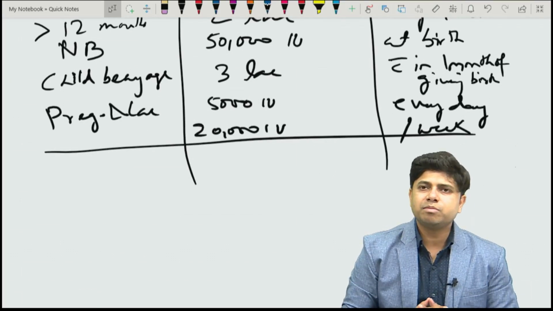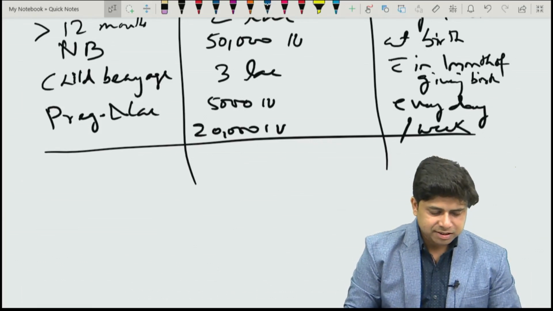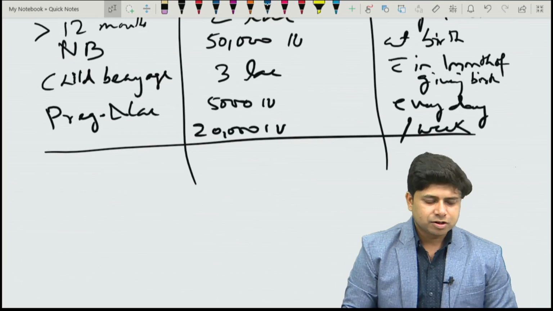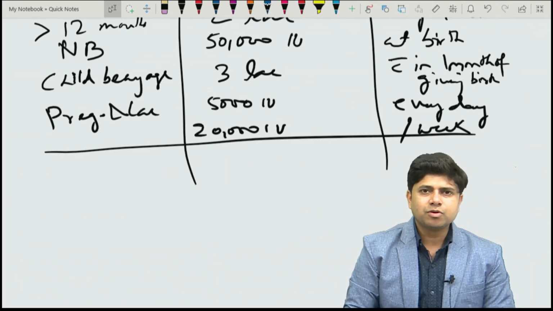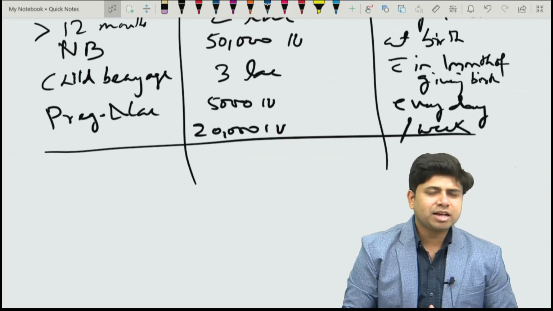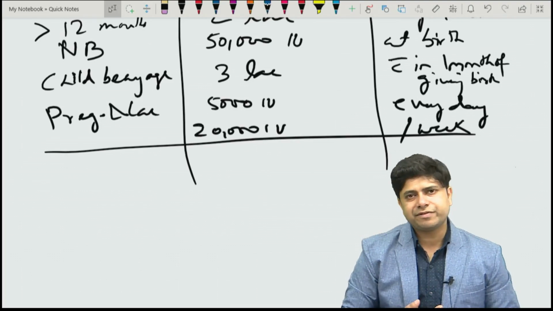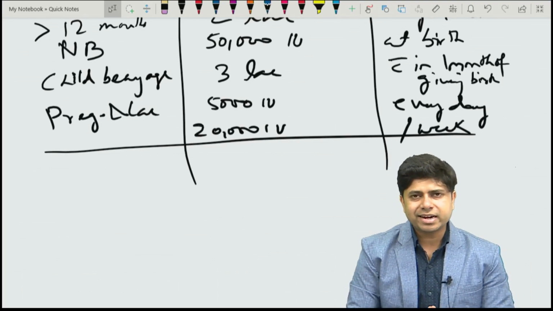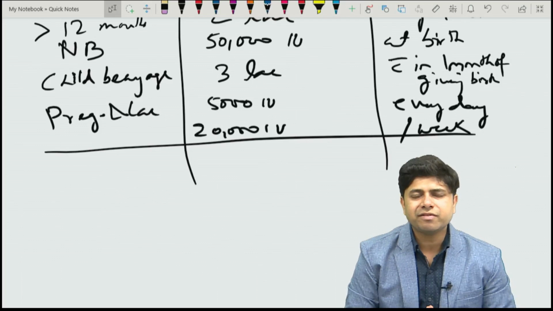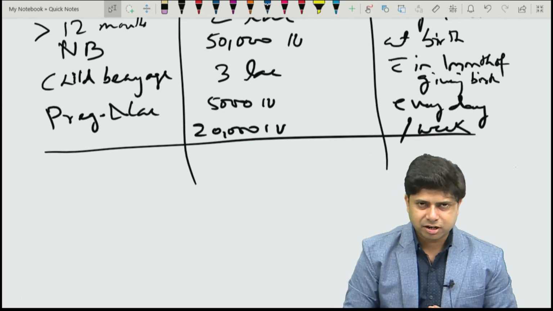Mostly the questions come for children less than 12 months and children more than 12 months. So the answer is 1 lakh and 2 lakhs international units every 6 months. This is the prophylaxis. And sometimes it is asked for pregnant and lactating women: 5,000 international units per day or 20,000 international units per week.